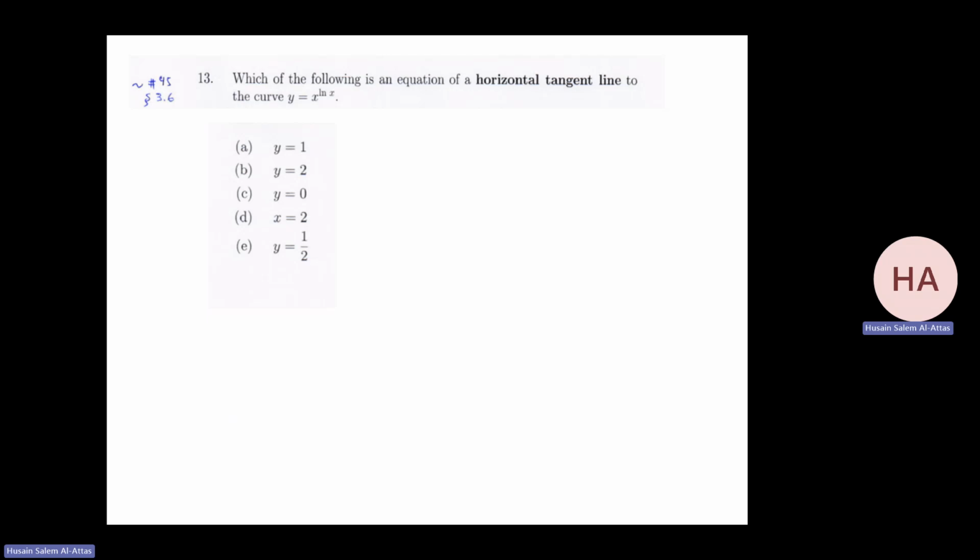Okay. Which of the following are equations of horizontal tangent lines for this function? So I need to find the derivative and make it equal to 0. Take ln y. I have ln y equals ln x times ln x. Differentiate with respect to x; I need to find y prime.